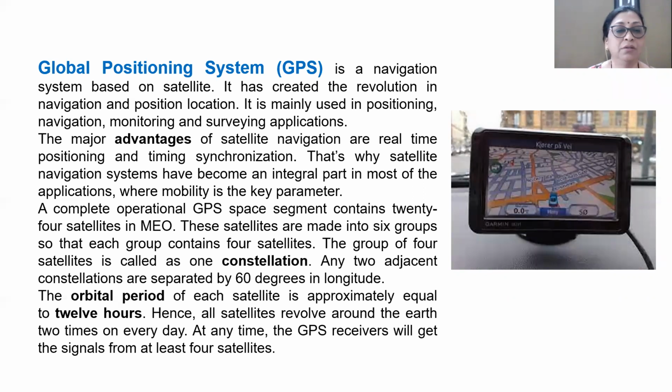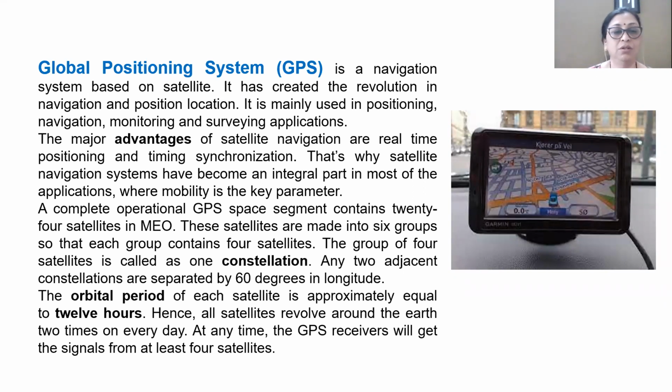Now, the arrangement of these satellites is called a constellation. Such a constellation of satellites is used for GPS application. Two groups are made, and approximately each satellite orbit takes 12 hours, so a total of 24 hours, each group 12 hours.